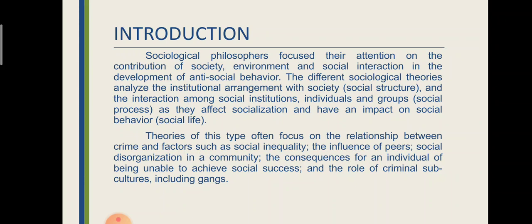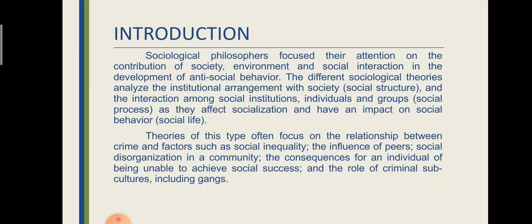Theories of this type often focus on the relationship between crime and factors such as social inequality, the influence of peers, social disorganization in a community, the consequences for an individual of being unable to achieve social success, and the role of criminal subcultures, including gangs.